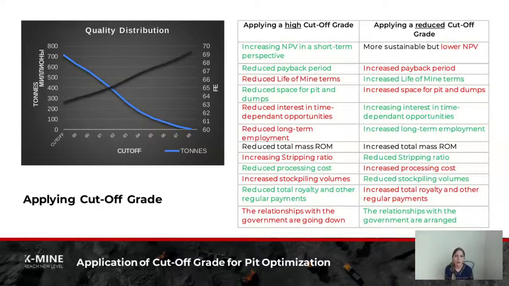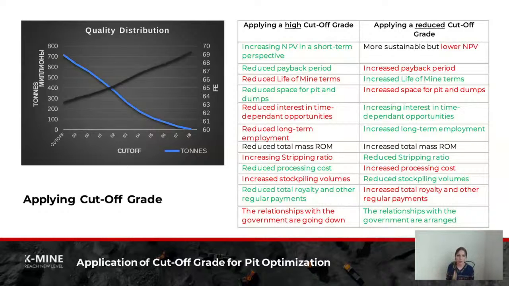Now, let's remember that the main thing that we discussed today is that the cutoff grade cannot be constant, right? It must be flexible, adaptable to conditions, which means that all of these factors on this and previous slides affect the value of the cutoff grade indicator itself. So ideally, we get feedback once we review the results of the project, when we see the whole picture.